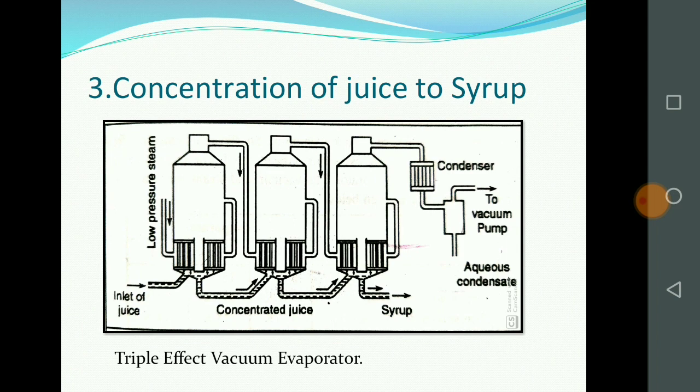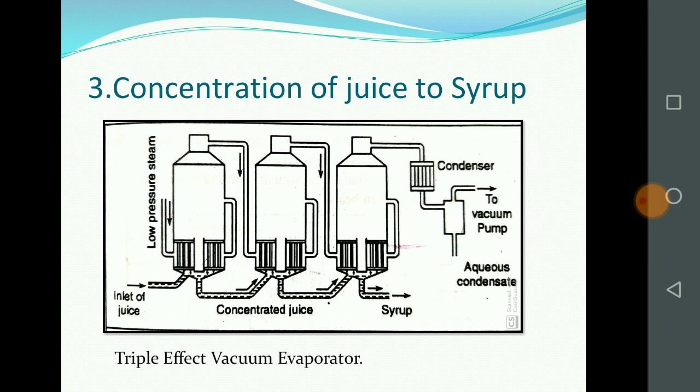A narrow pipe joins the calandria to the top juice chamber. This helps to remove air and other uncondensed gases. The steam outlet pipe of the last evaporator is connected to a vacuum pump via a condenser.